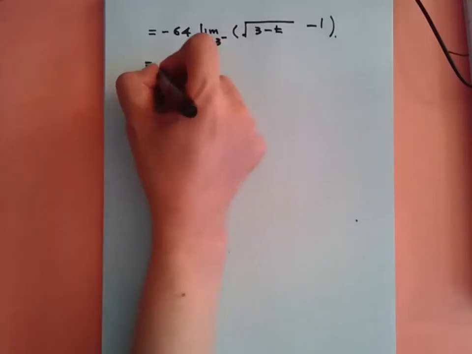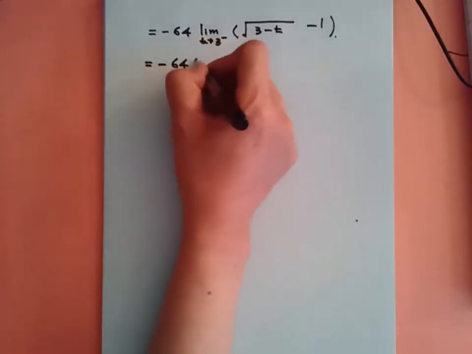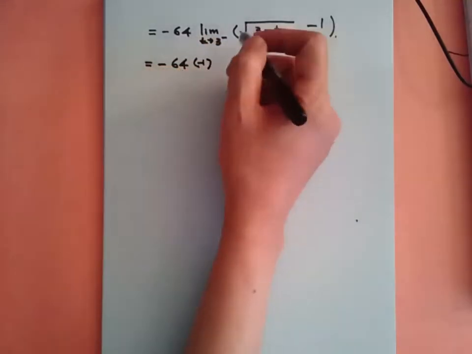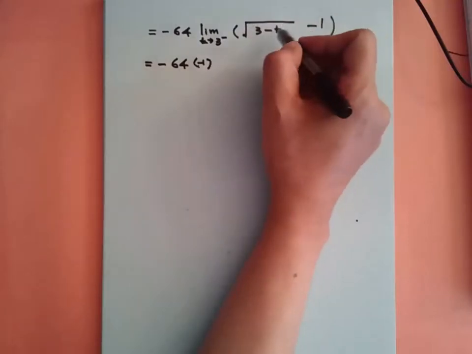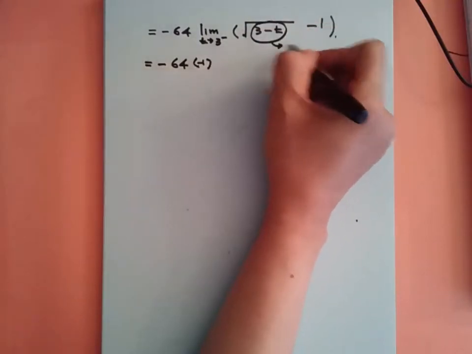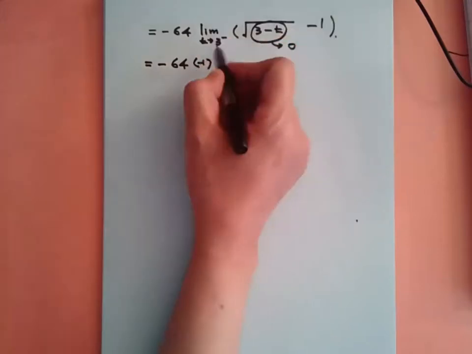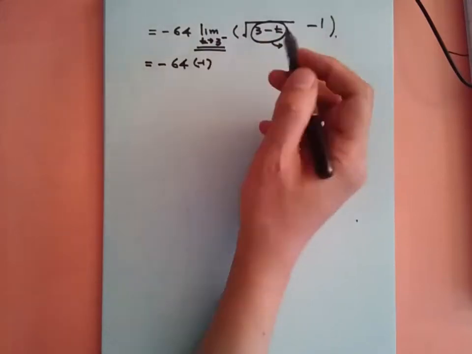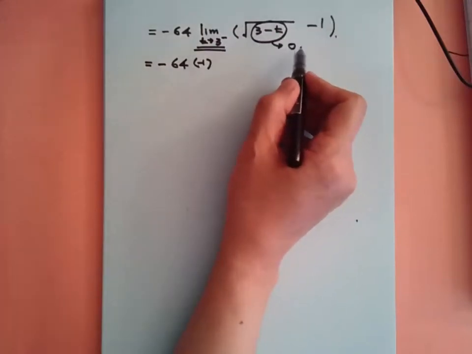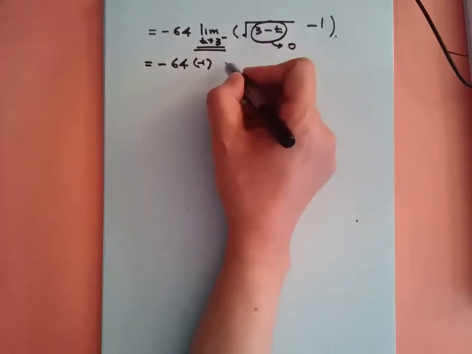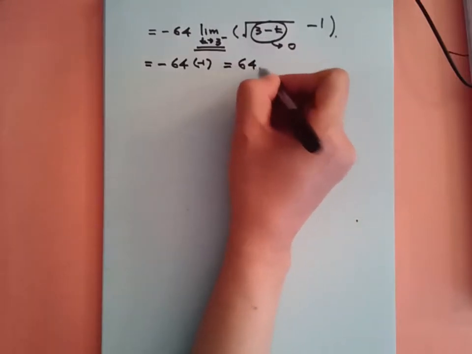And that equals minus 64 times minus 1, because this one goes to 0 as t goes to 3. So 3 minus 3 equals 0, right? So that is 64.